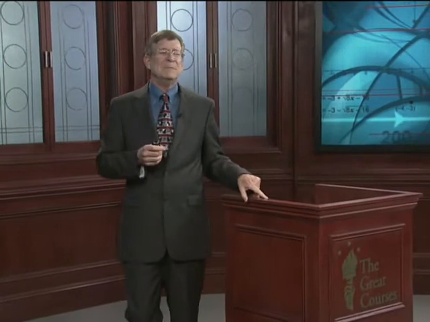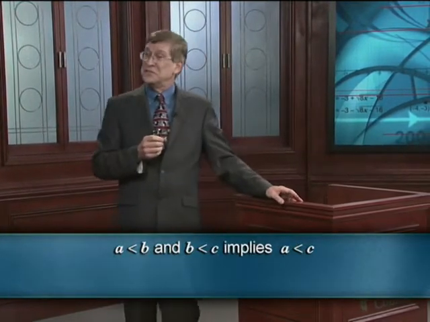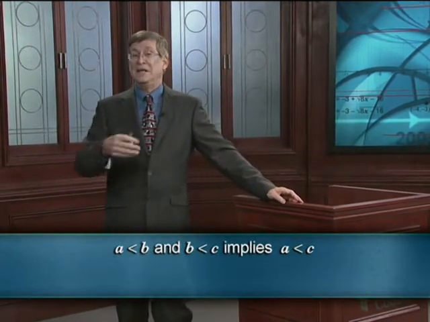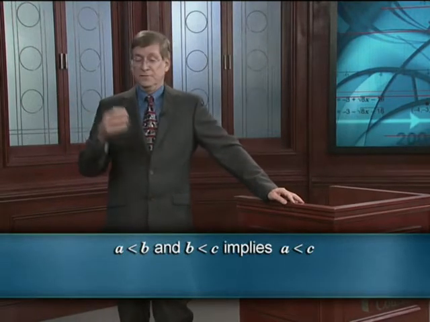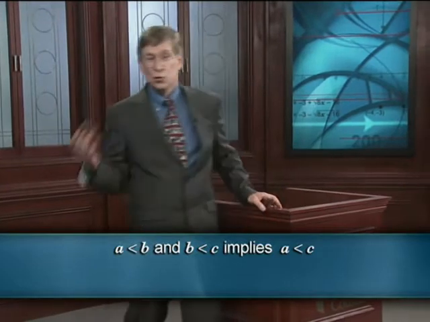Okay, you've probably seen properties of inequalities when you've studied mathematics. Let me review some of the simpler ones, and then we'll do some harder ones. A less than B and B less than C implies, of course, that A is less than C. For instance, if 2 is less than 5 and 5 is less than 7, then 2 is less than 7.